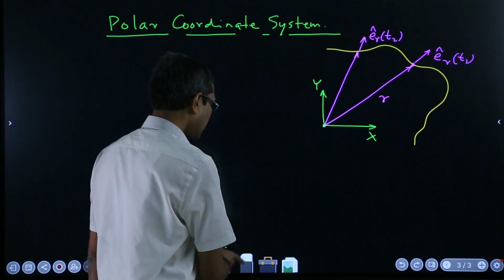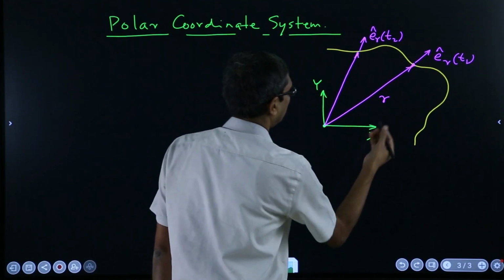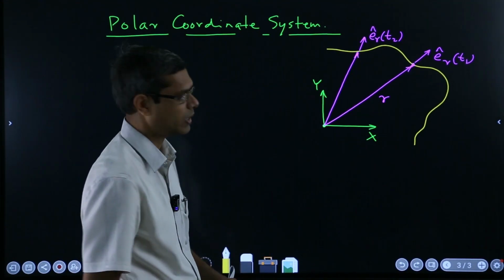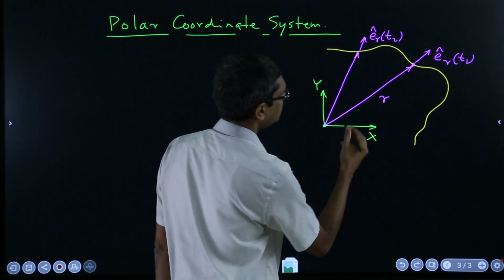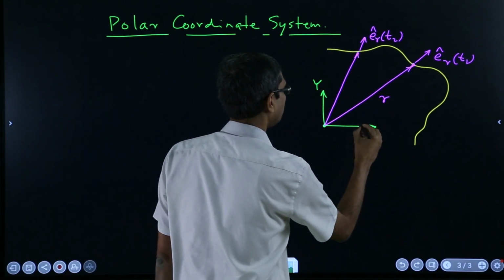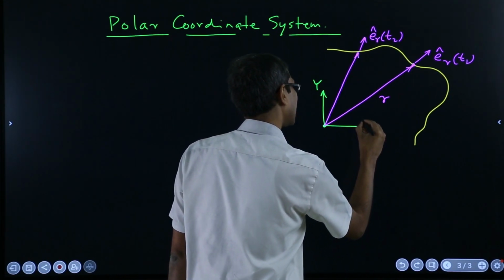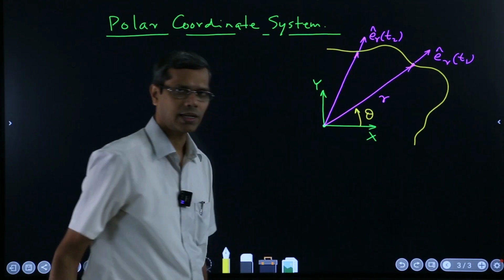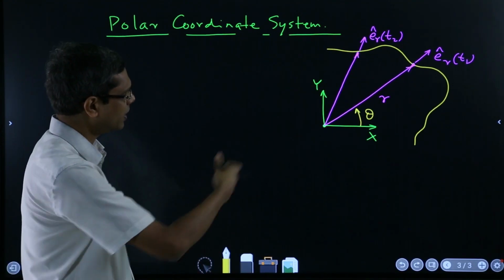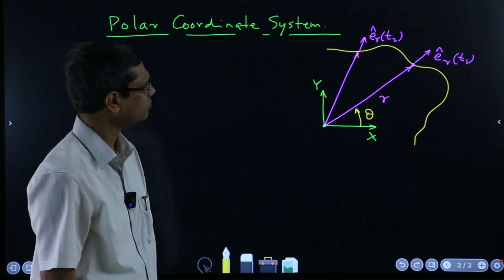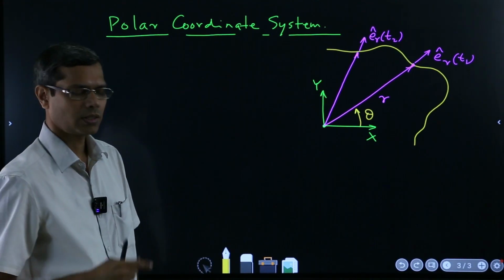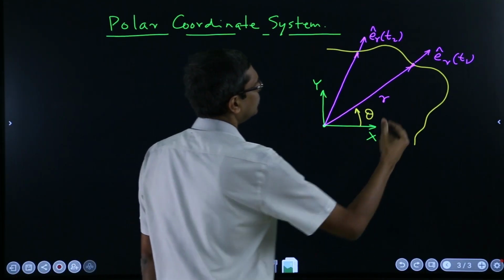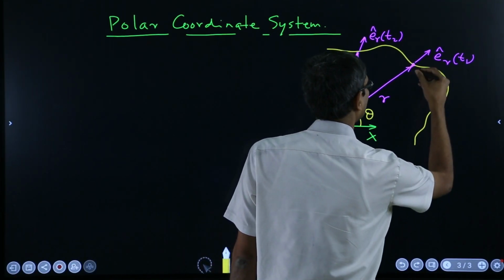And then, because in 2D we will require two pieces of information to exactly pinpoint where the thing is, this gives the distance information, and from this x axis whatever we have defined, we measure the angle theta of that radial vector, and that theta gives us another parameter to completely specify this.